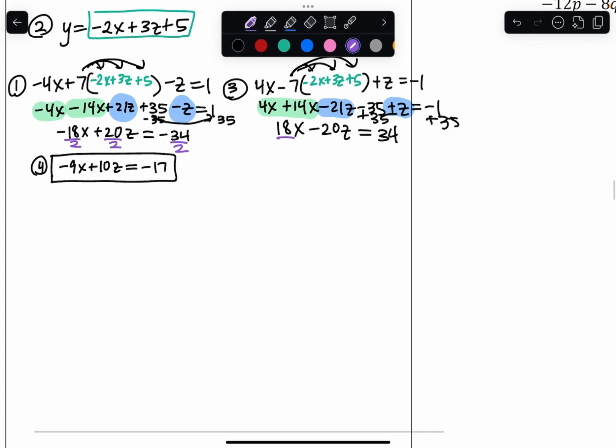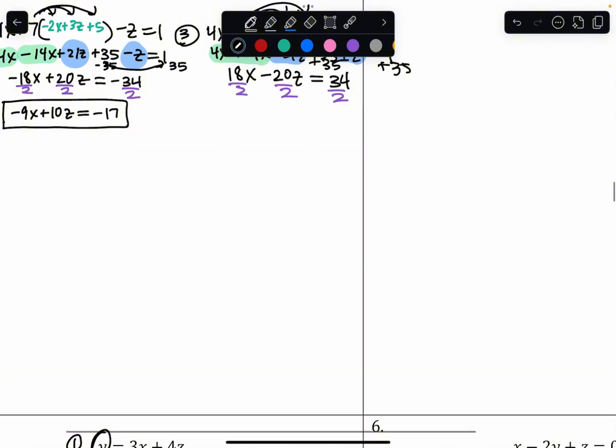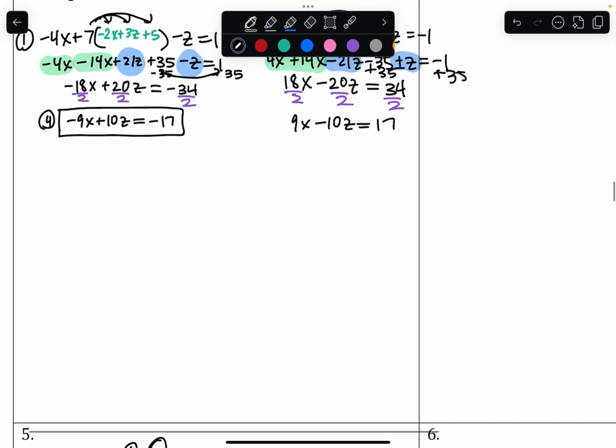These are both even as well. Well, all three are even. So I can simplify to 9x minus 10z equals 17. That's my equation 5.